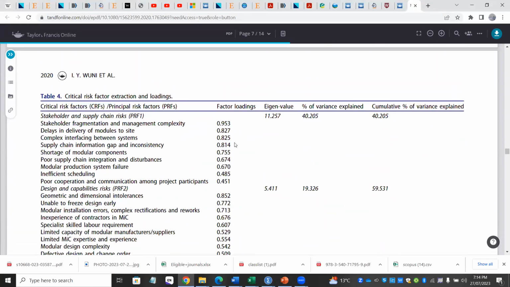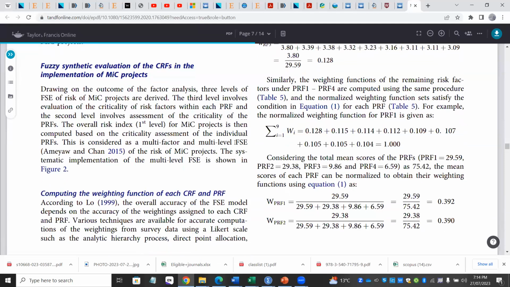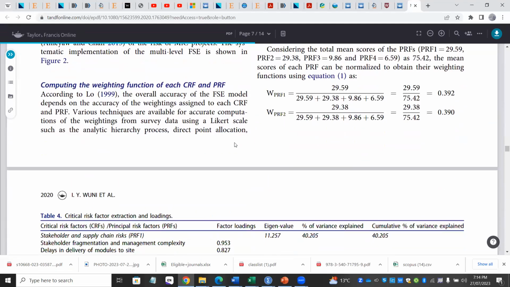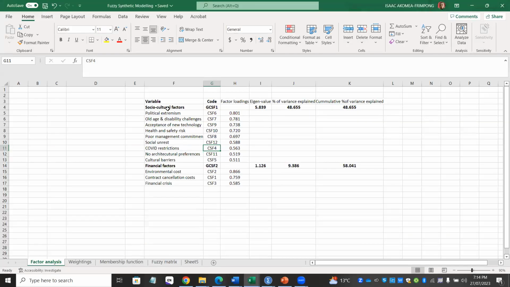The next thing to do, once you have your factor analysis done, is for us to compute what we call the weighting function of each of the factors and then the groups. Remember, in this factor analysis, we got 2 groups, which I have termed sociocultural factors and financial factors.